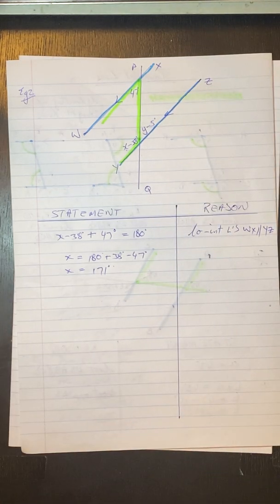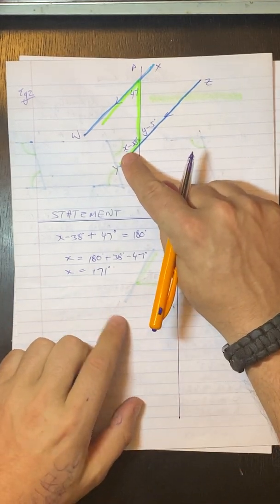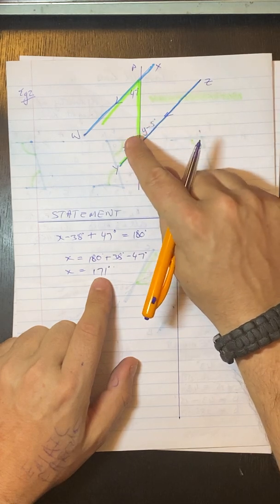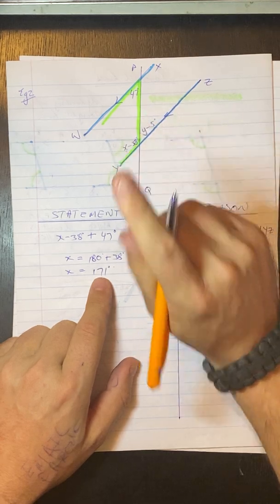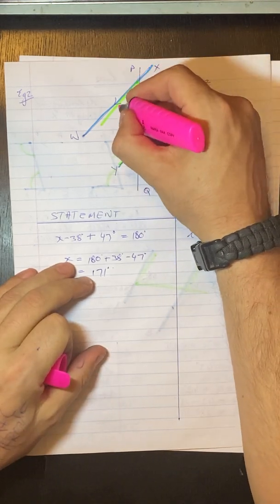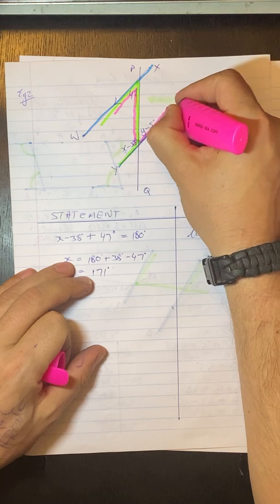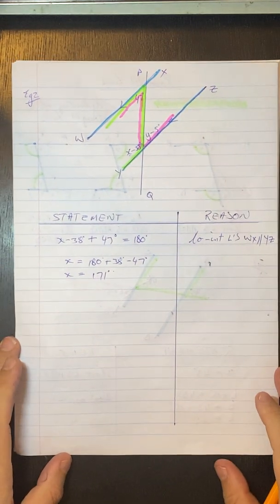Now, what I can do here is I can do two things. I know what x is, so I can just say 171 minus 38 to get the value of that angle, and then I know that this plus this will equal 180, angles on a straight line. Or, grade 9s, I could use alternate angles because we have a Z. See here? It's coming down and then it's coming up here. So I'm going to use the alternate angles route.